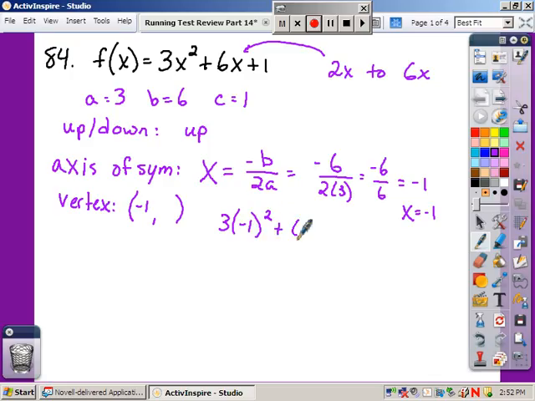So all I'm doing now is substituting my answer from step 3 into the equation. Negative 1 squared is 1, times 3 is 3, 6 times negative 1 is negative 6, and plus 1. Grand total answer of negative 2, which goes here.